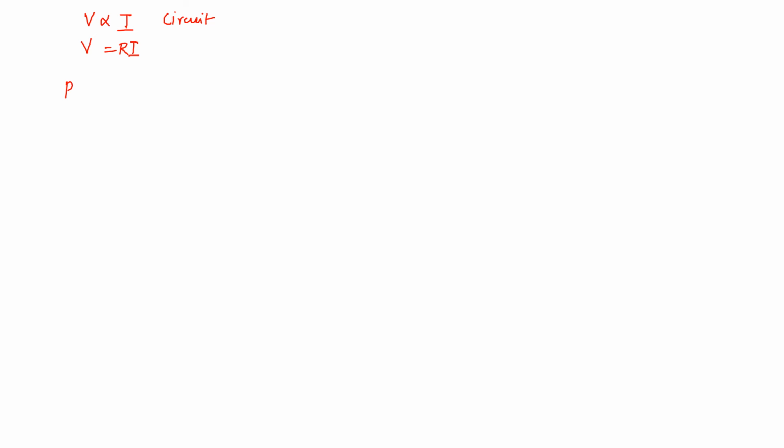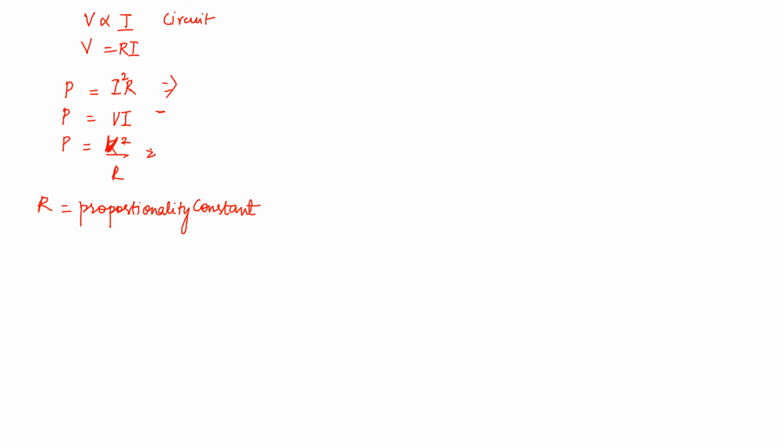Now we have power equals I squared R, power equals voltage times I, and power equals V square upon R. If we say that R is a proportionality constant, we can remove it and make it proportional: P is proportional to I square, P is proportional to V square. What is this? This is the power transmitted.